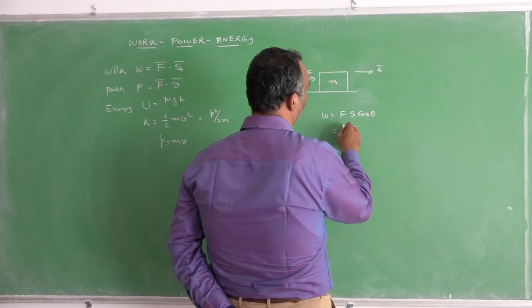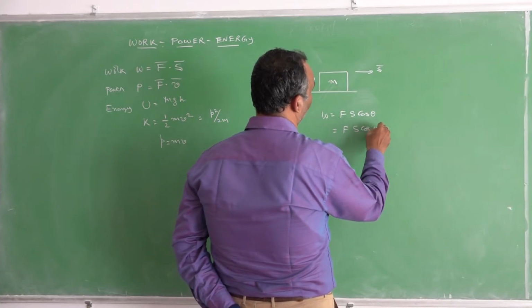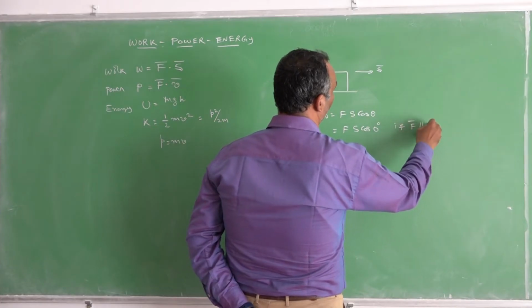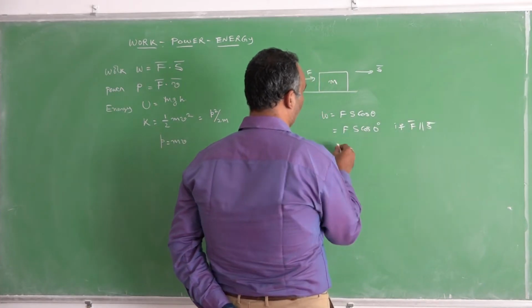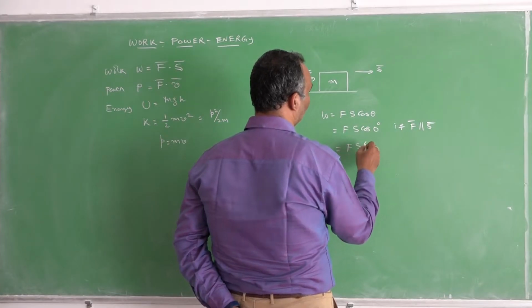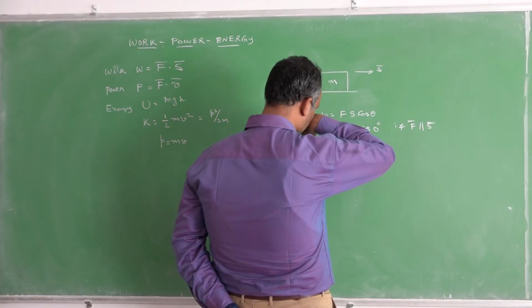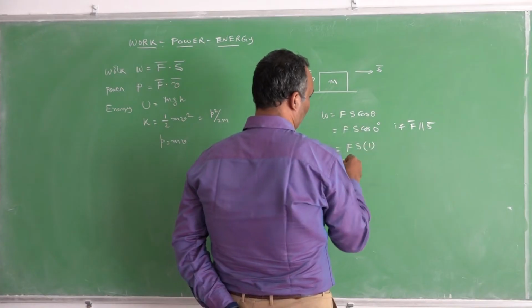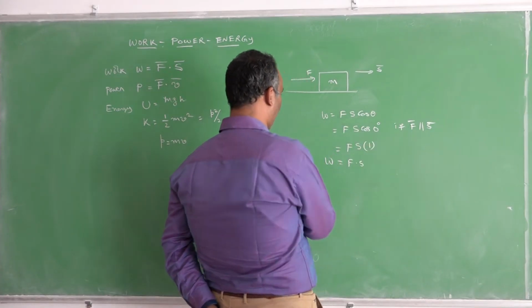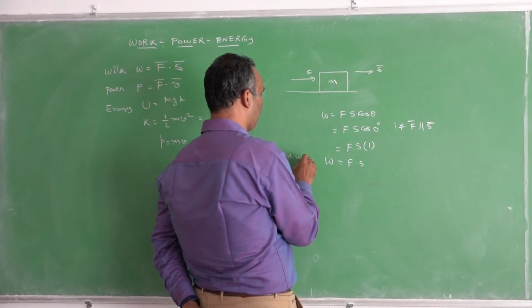It becomes Fs cos 0 if F bar is parallel to S bar. Then cos 0 is 1. So Fs, it is positive work done. It is positive work.